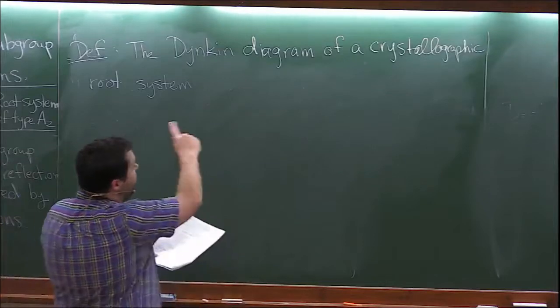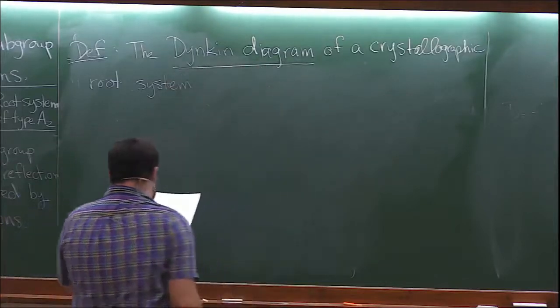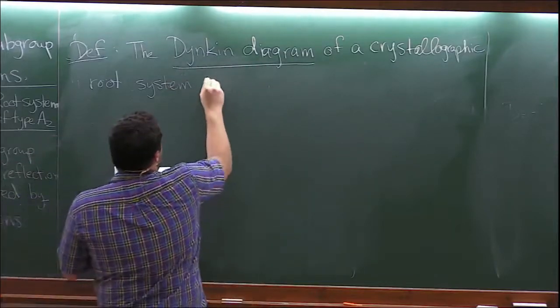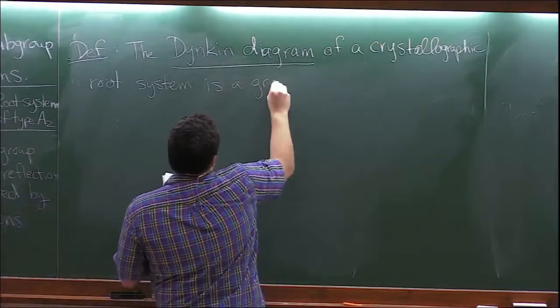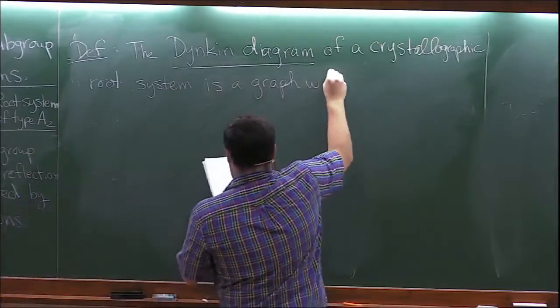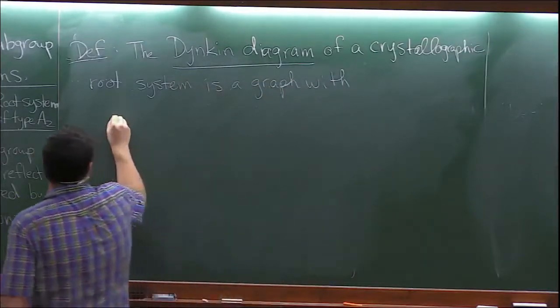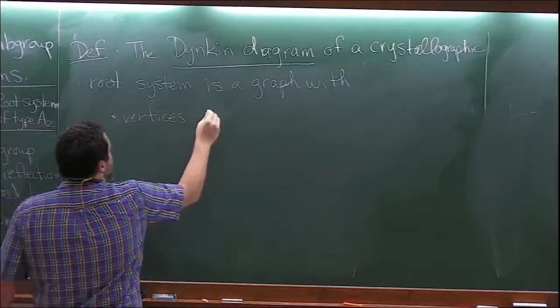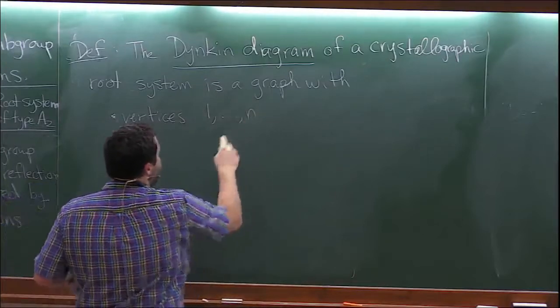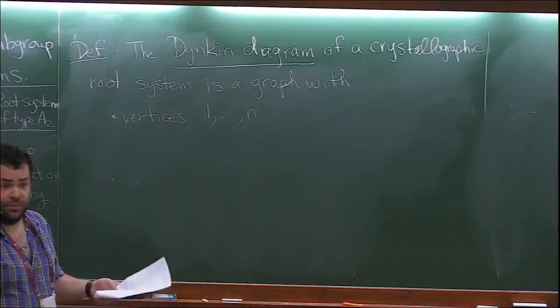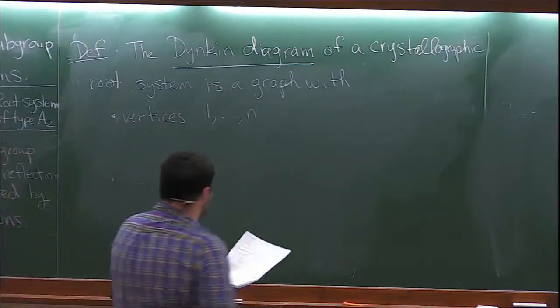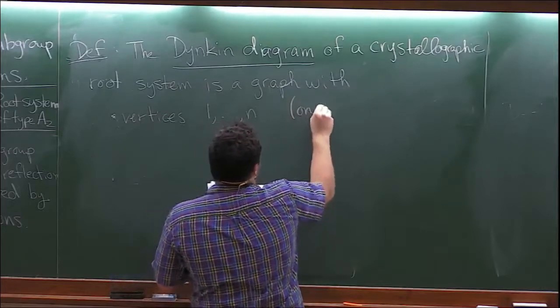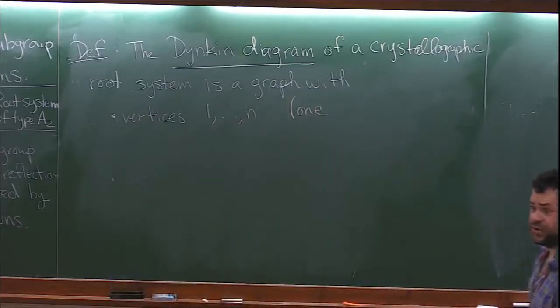So I want an integer number of edges. The Dynkin diagram of a crystallographic root system is a graph with vertices 1 through n, one for each simple root. Here I'm thinking of a rank n root system.